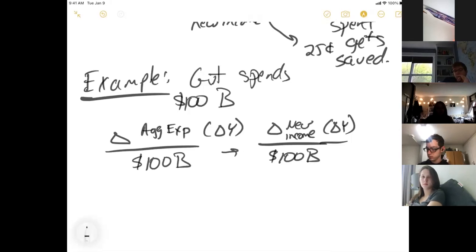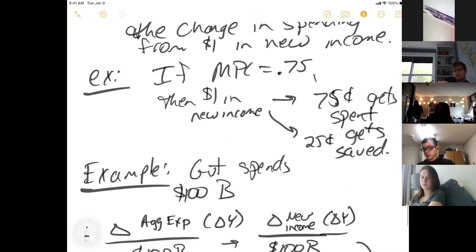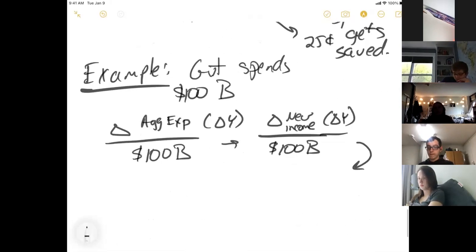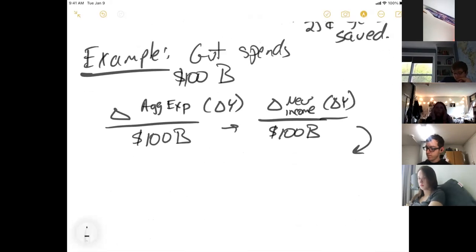They spend it. How much of this new income gets spent in the next round? Well, if the MPC is 0.75, how much of this $100 billion in new income is going to go into new spending? $75 billion. $75 billion of this new income gets spent.